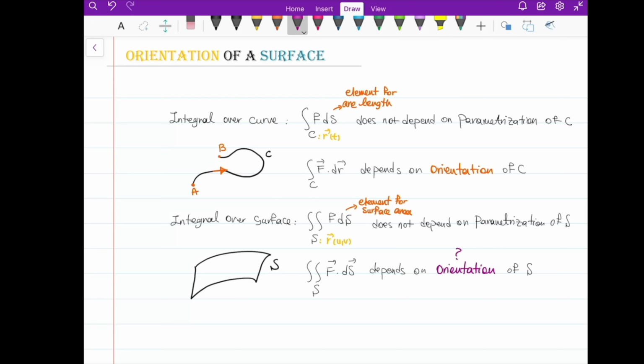What is the definition of orientation of a surface S? Orientation of a curve is just basically the direction on the curve. Is it going from A to B, or is it going backward from B to A? But for the surface S, we need a good definition for it.